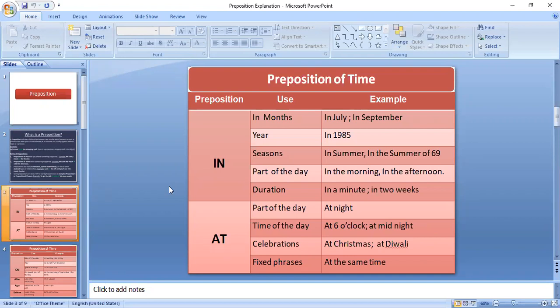And at is used when there is a small extent of space or time, when we refer to small towns or villages. जब आप छोटे किसी गांव या विलेज को रेफर करते हो तो आपने at लगाना है. जब बड़े कंट्री की बात हो रही है या बड़े सिटी की बात हो रही है तो in लगाना है. We use at means inside, just outside, just beside the building.